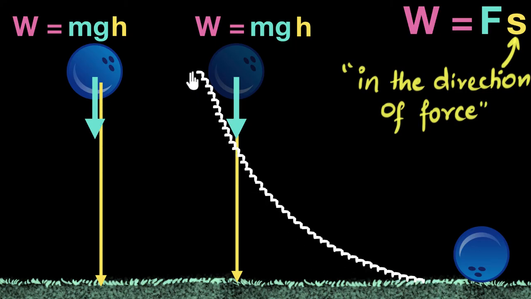And then when the ball goes forward, the work done would be zero. So those displacements don't matter. The only displacement that will come into our equation is the vertical displacement. And when you add all of them up, we saw it'll just be the height. And so regardless of what path the ball takes, the work done by gravity doesn't depend on the path. It only depends upon the height through which it falls.